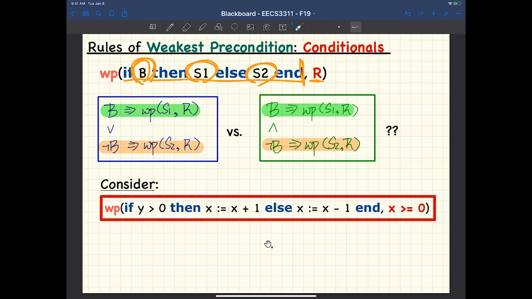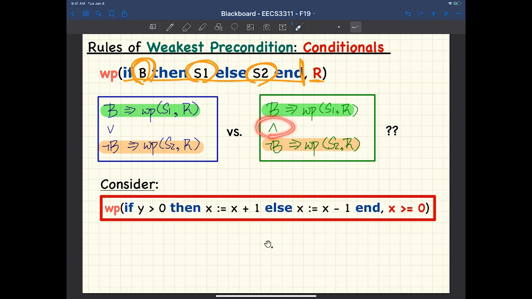First of all, would you agree that at runtime, assuming B is neither always true nor always false, let's say we don't go for extreme cases, you might get chances to execute S1 sometimes, and you might also get chances to execute S2 sometimes? You don't know when. Do you want R to be established only when S1 is executed, or only when S2 is executed, or in both cases? In that case, conjunction makes more sense.